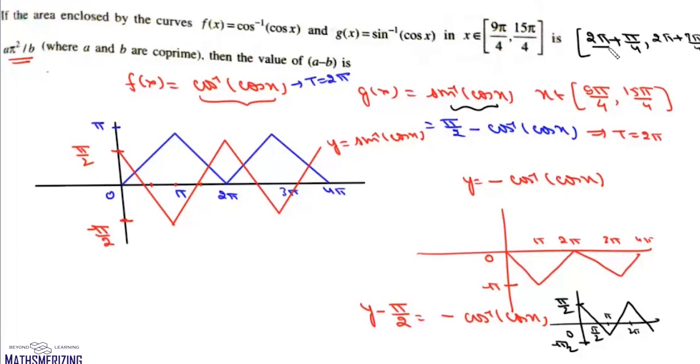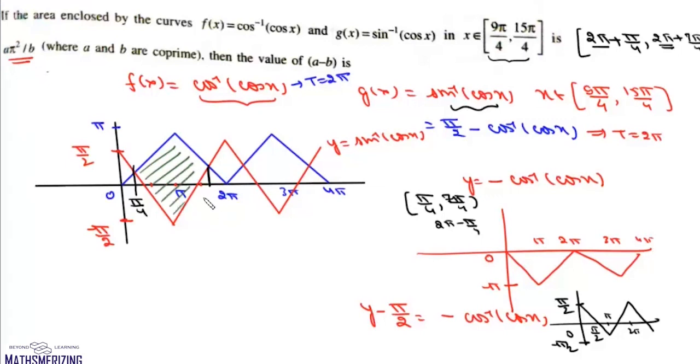Now since both the functions are periodic with the period 2 pi, rather than solving from 9 pi by 4 to 15 pi by 4, we'll find this area from pi by 4 to 7 pi by 4, which is from this point pi by 4, and 7 pi by 4 is 2 pi minus pi by 4, which is this point. So we'll need to find this area.